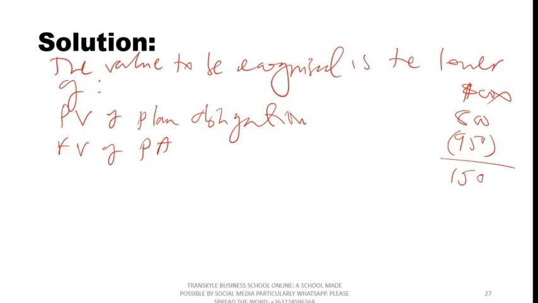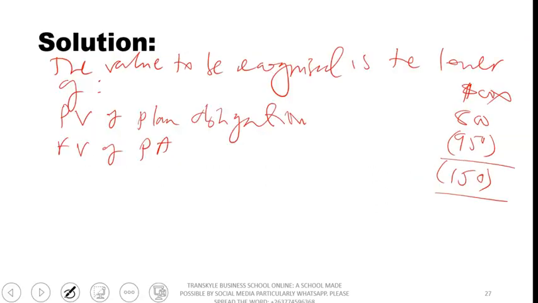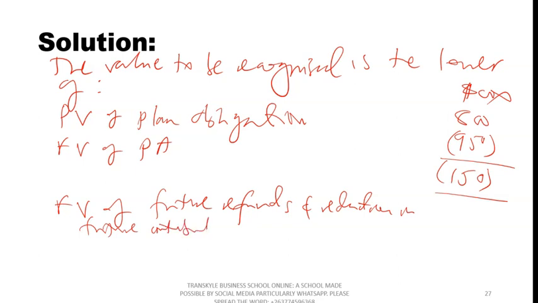So we have this figure, and then we are told in the question that the present value of future refunds and reductions in future contributions is 70,000.